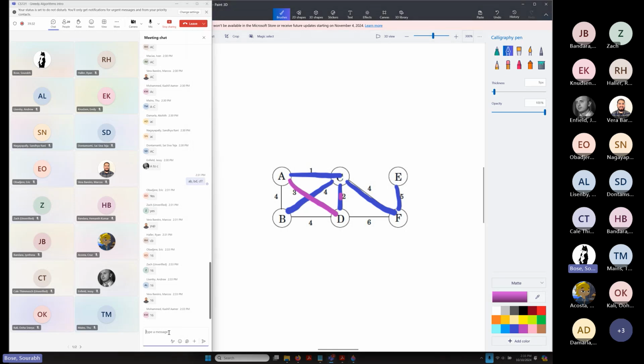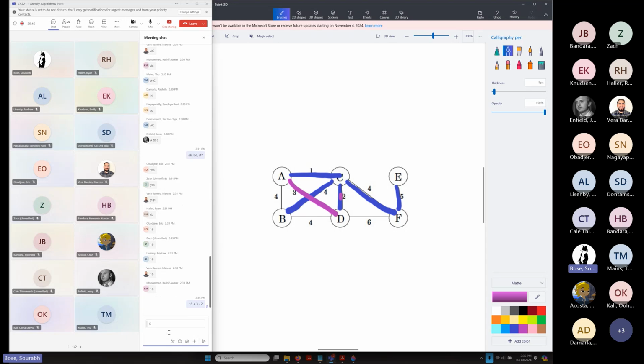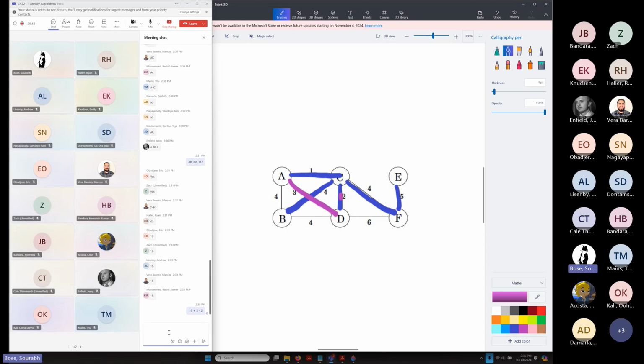The new cost will be the current cost 16 plus the edge cost of 3 minus the edge cost of 2. Do you guys agree that this is the new cost, which is going to be greater than 0, right?